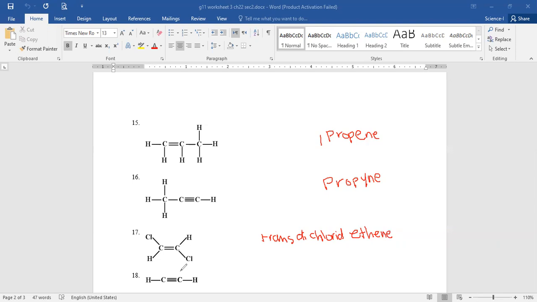Trans just says that they are found on opposite sides, because if the chlorines are on the same side, we are going to call them cis.